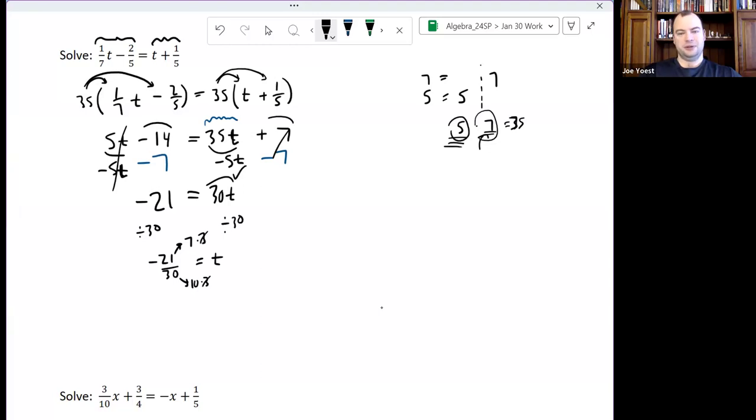I can divide out those 3's. And then I'll put the t on the left side because I think we're just a little more used to seeing things written that way. Say t equals negative 7/10. And then, of course, I would plug back in. I check my work, make sure that this is correct.